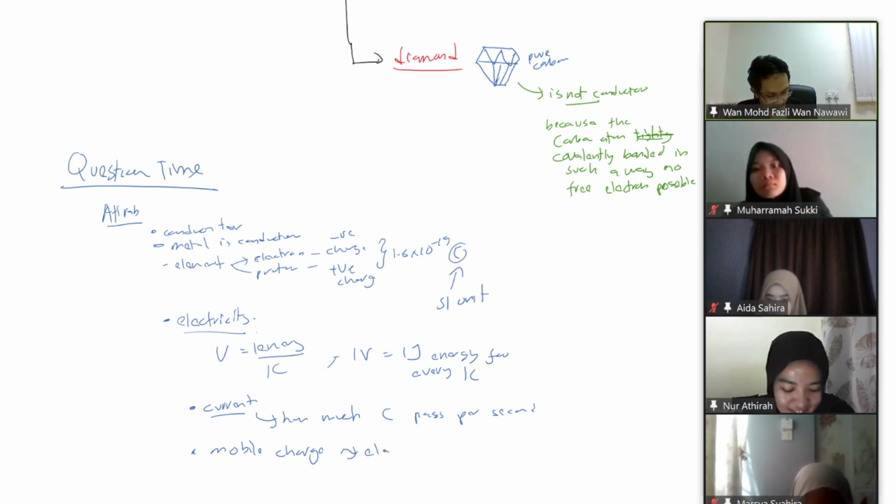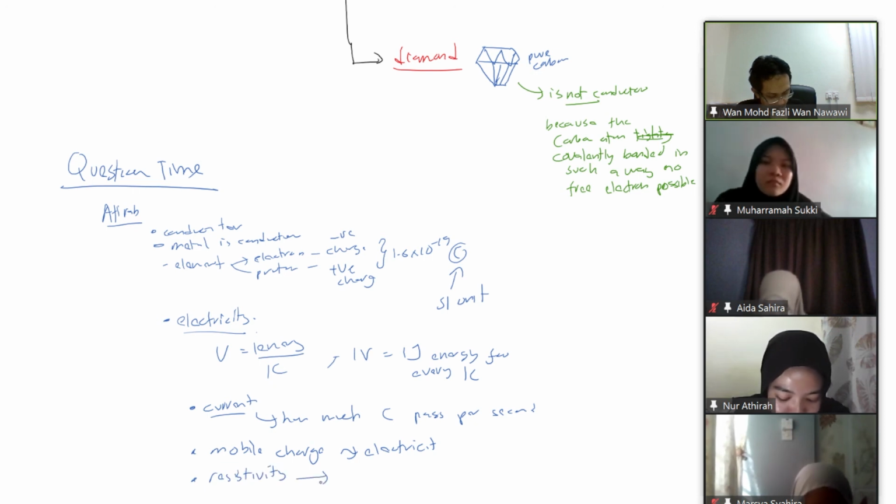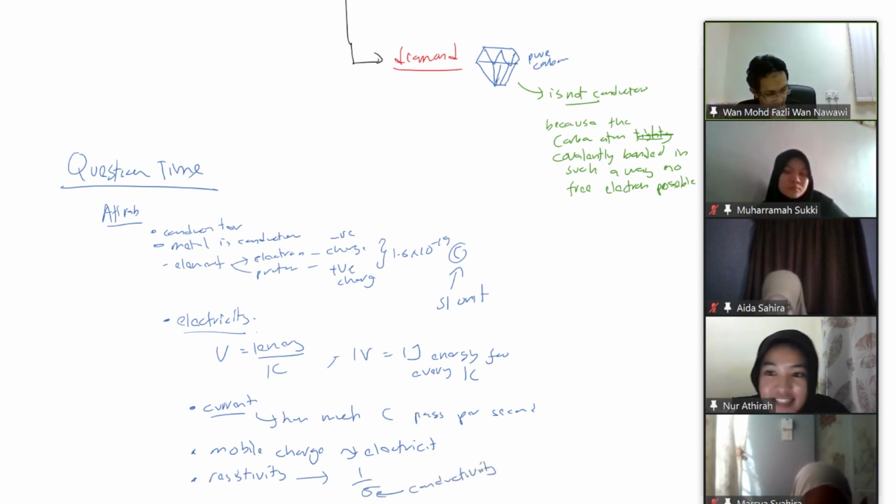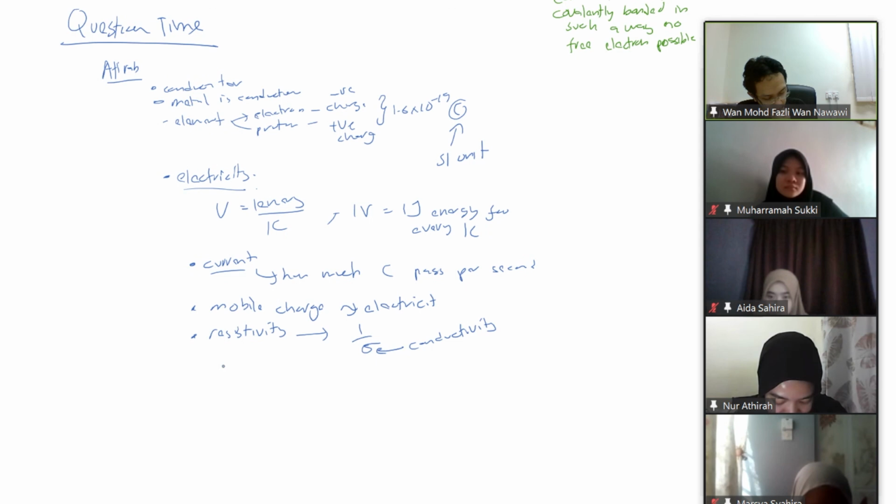And lastly, we learn about resistivity. How to calculate the resistance is 1 over conductivity. The lower the conductivity, the higher the resistance. And then we learn about the water.